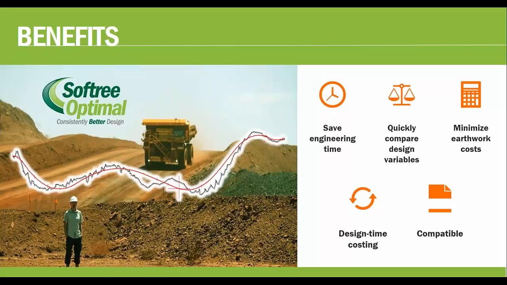Most of our clients using Optimal actually see a 10 to 25% reduction in their earthwork costs. In terms of design time costing, you're going to be able to see costing changes in real time as you design, and you'll see that today with Dave. And as I mentioned before, it is compatible with RoadEng, with Civil 3D, as well as with Bentley and 12D products.